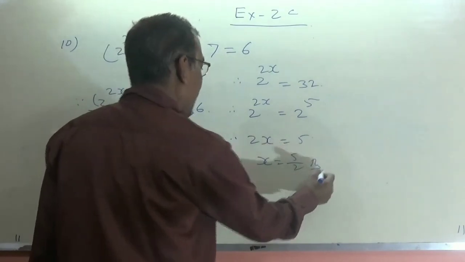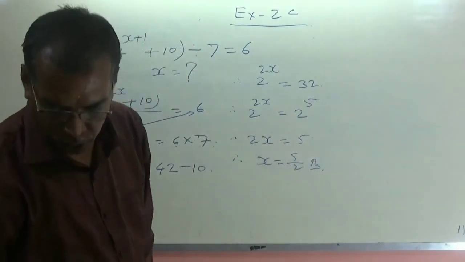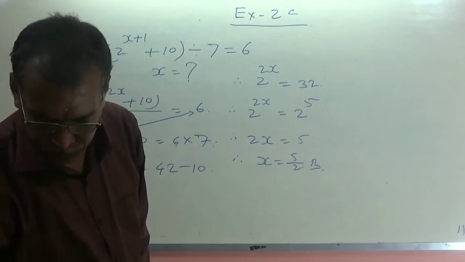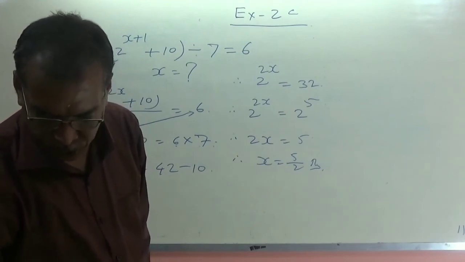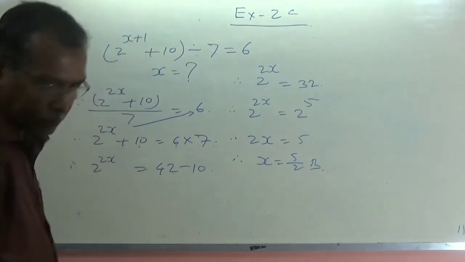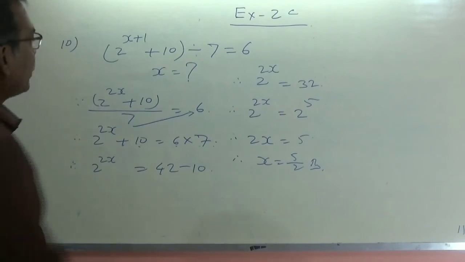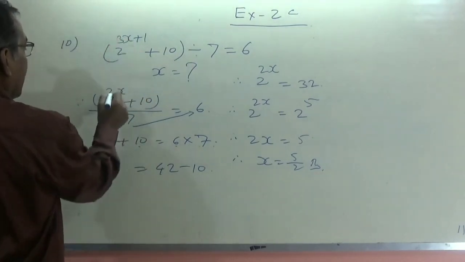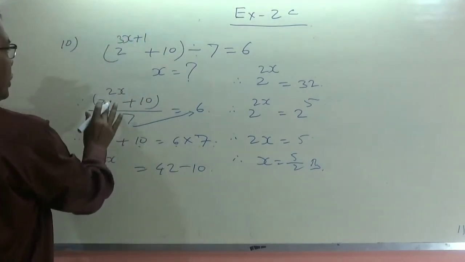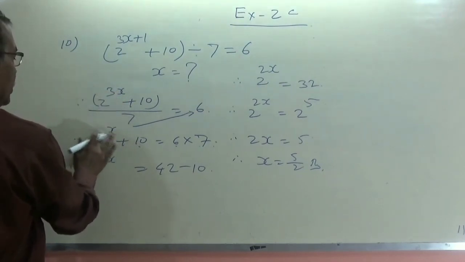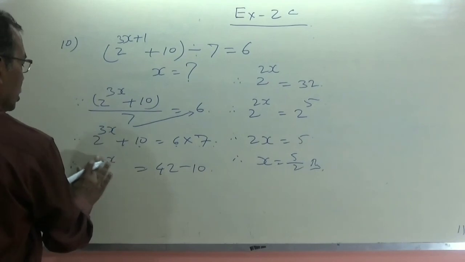Let's see if the answer is matching with the alternative answers or not. It is not matching. What mistake have I made? Oh, I have written the wrong question here. It is 3x. By the way, it is 3x. It is not a big mistake. I am going to change it.